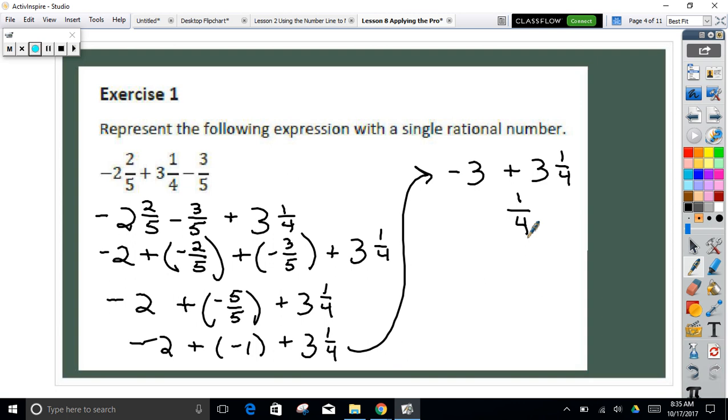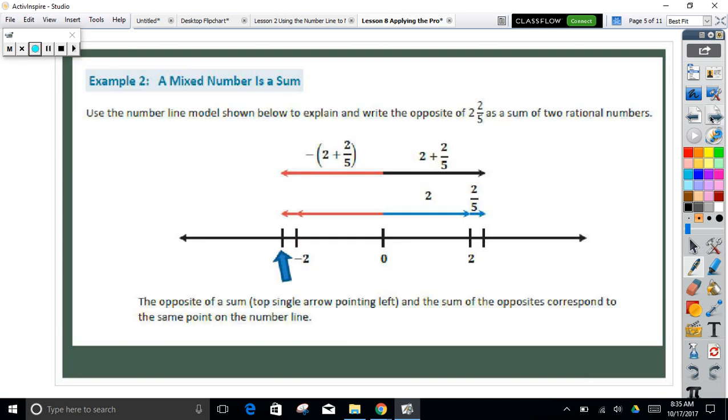Okay, let's look at example 2. This number line model is kind of a little harder to see on your paper. Mine has colors, red and black and red and blue. So you might want to just draw a line here to show that this arrow is going in 2 different directions. This is showing you, again, this sum of the opposites thing.